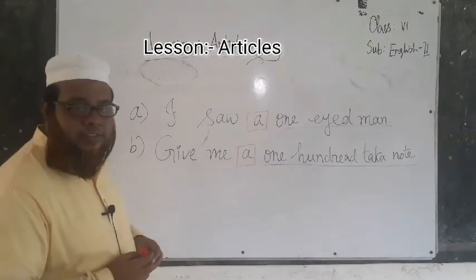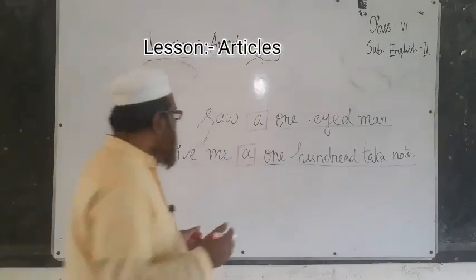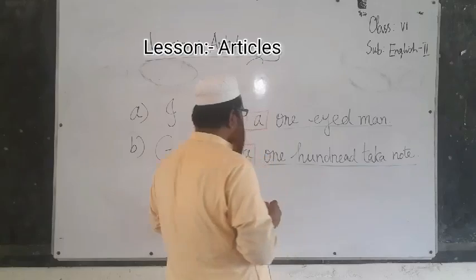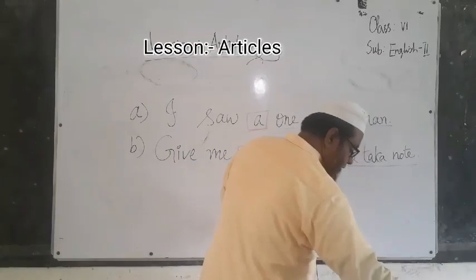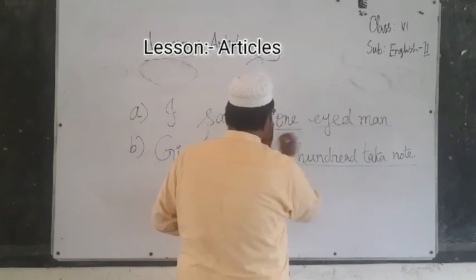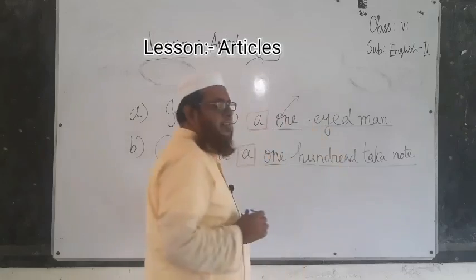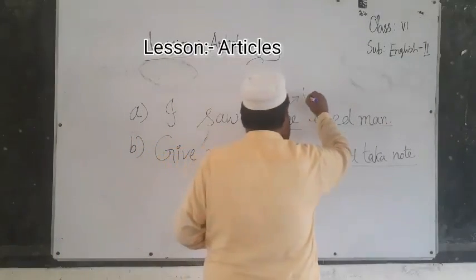If you notice, we find here the article a is here and the article a is here before the word one, and the word starts with a vowel sound.